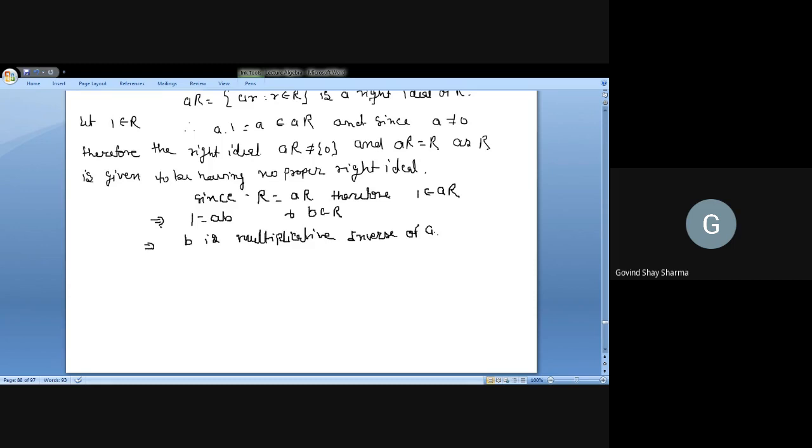Now, b is the right multiplicative inverse of a.